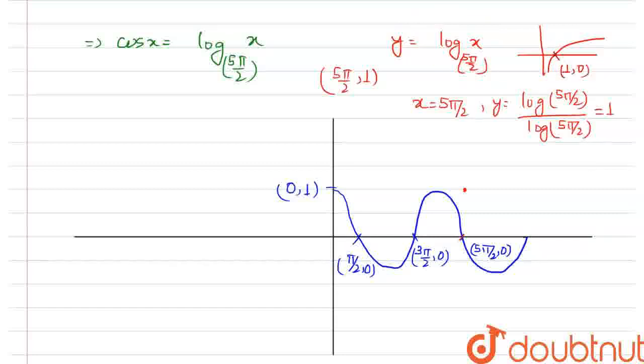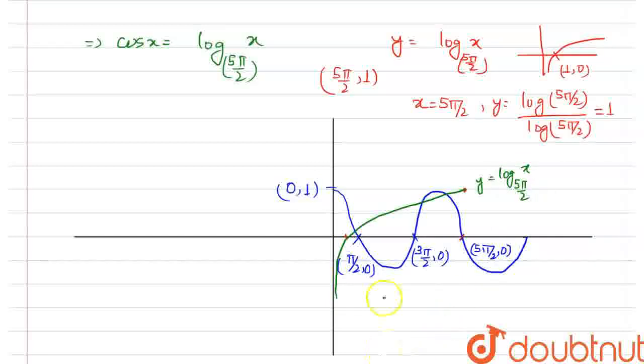So the point where the graph will intersect the x-axis will be here. Since the value of 5π/2 is greater than 1, this point will lie somewhere here. So we can say that our required curve will pass through this point and this point. So now let me draw that curve. So this will be the required curve of y equals log x to the base 5π/2.